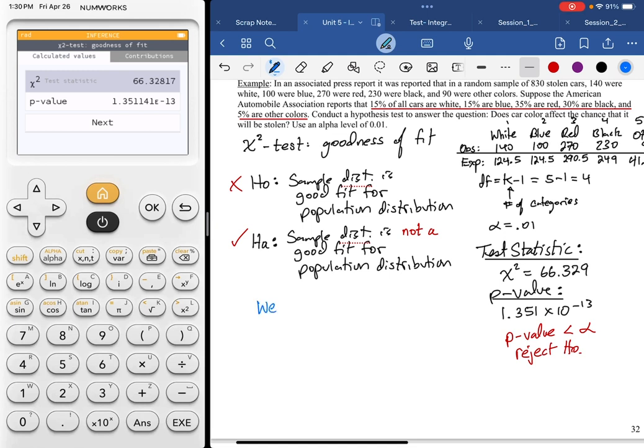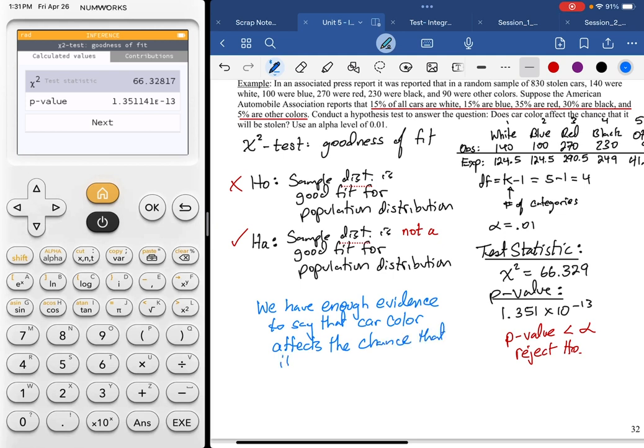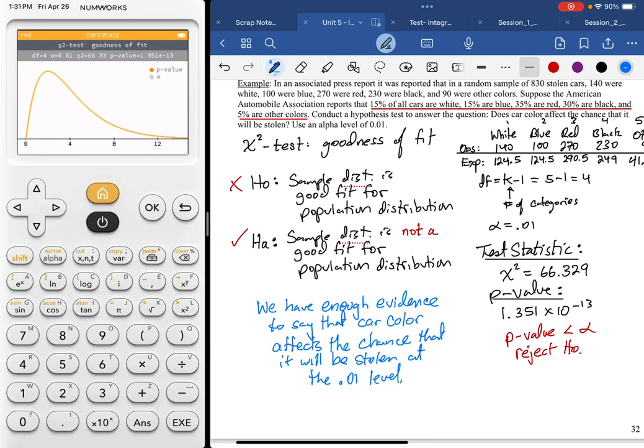So we have enough evidence to say that car color affects the chance that it will be stolen at the 0.01 level. Right. I could also look at the picture of the graph.